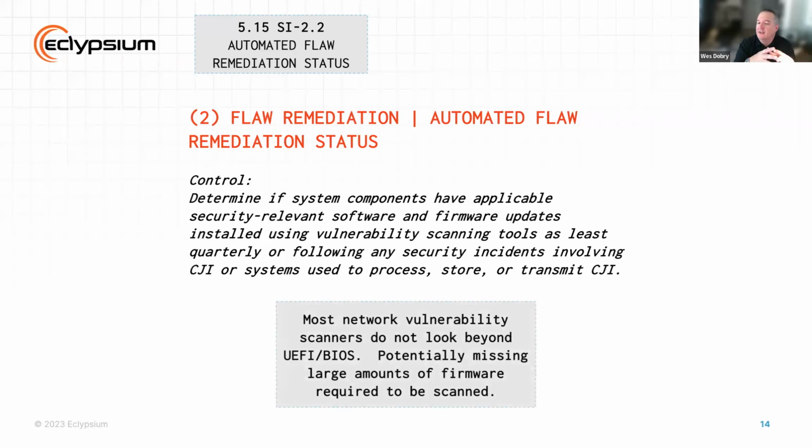When we look at most network vulnerability scanners, they don't look at a lot of the components beyond the operating system, drivers, software, and potentially for some of them, maybe even validation of UEFI and BIOS from a version perspective. But ultimately, what we do see is that there's a large amount of firmware that is not scanned to the density of what CJIS requires now, and that needs to be accommodated for and understood to make sure that you're in compliance.